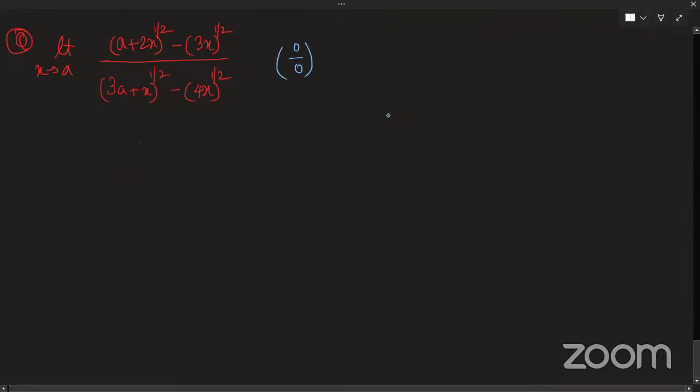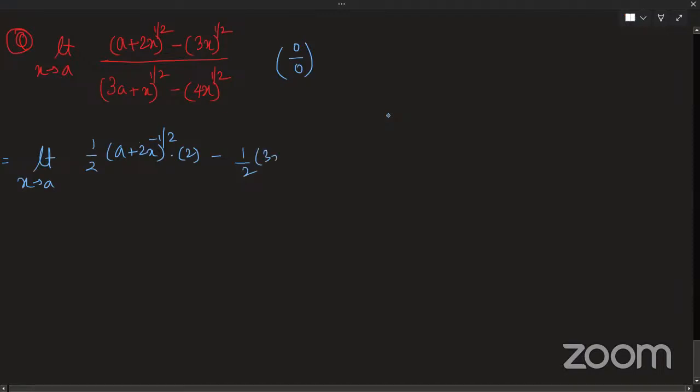Great. If it is 0 by 0 form, we should go for differentiation. Should we apply L'Hopital's rule directly? Yes, sir. So just go for it. So you have got limit x tends to a. So this will be half into a plus 2x to the power of minus half into 2 minus, what will it be?